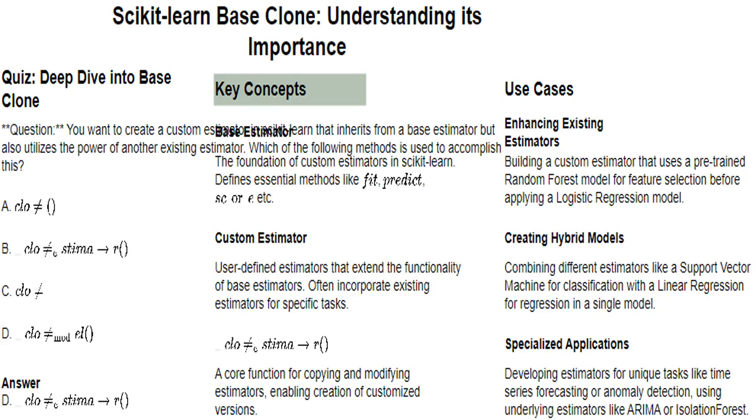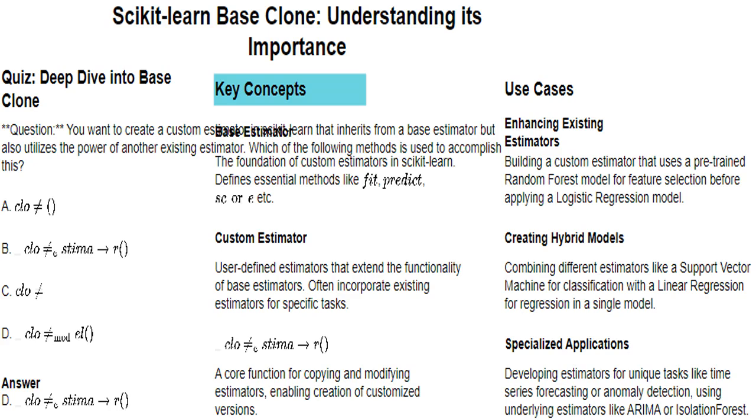It takes an existing estimator as input and returns a copy that can be modified to incorporate a desired functionality. Key concepts. This is not a valid method in scikit-learn. The correct method for cloning estimators is clone estimator. Key concepts. This is not a standard scikit-learn method. The method used for cloning and modifying estimators is clone estimator.